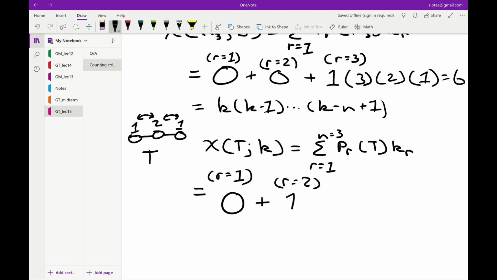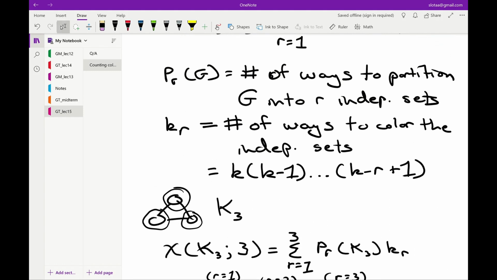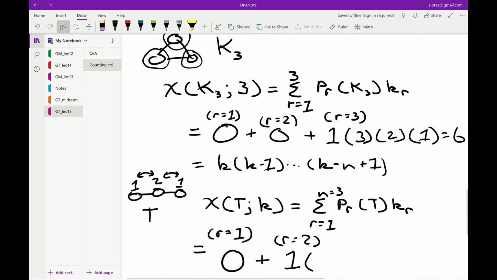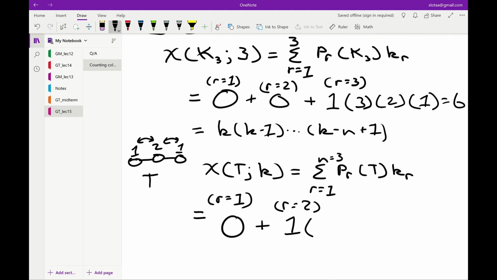So there's only one way that we can partition these vertices into two independent sets. So for that, 1 times our K sub R function, remember in the general case, we go k times k minus 1 dot dot dot k minus R plus 1. So here for R equal to 2, we just have k times k minus 1.